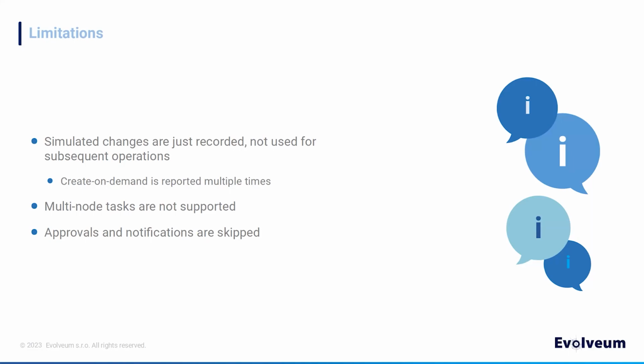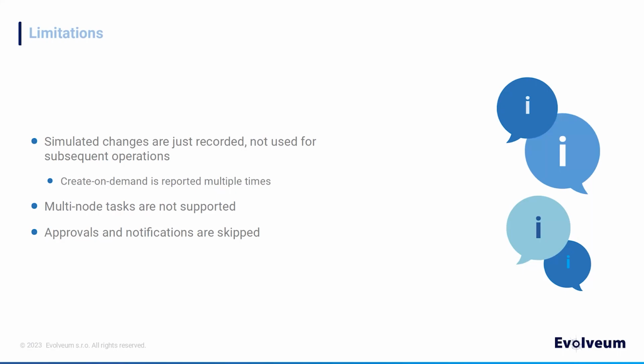The operations are executed in simulation, just like if no approvals were requested, or we can look at it as if the approvals were immediately approved, and the notifications are skipped as well.